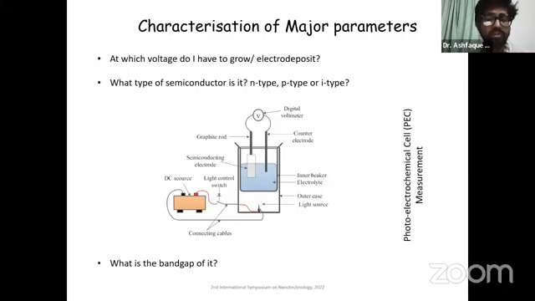This difference of voltage gives us the direction about what type of material it is. If the difference is negative, we normally find the material is N-type. If the difference is positive, the material is P-type. And if there is barely any difference, then it is I-type, or intrinsic material. So it is once again a very simple technique, and it can be set up in any lab. It does not require a clean room or any sophisticated setup.